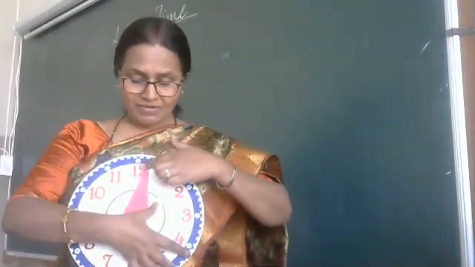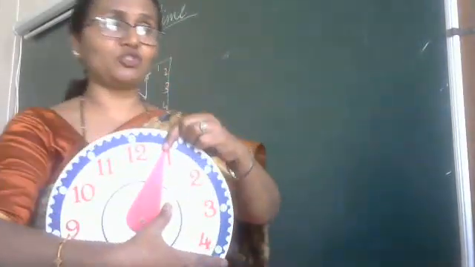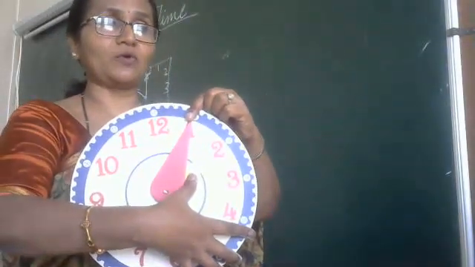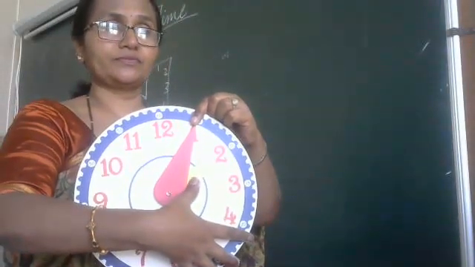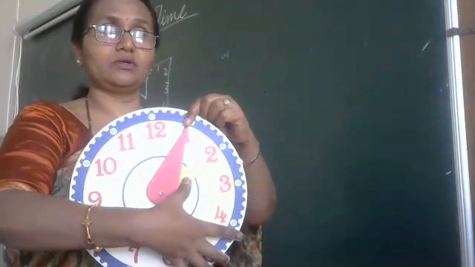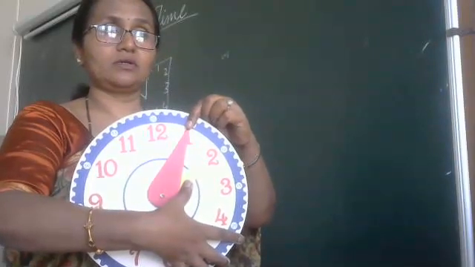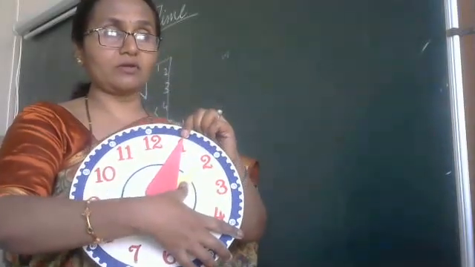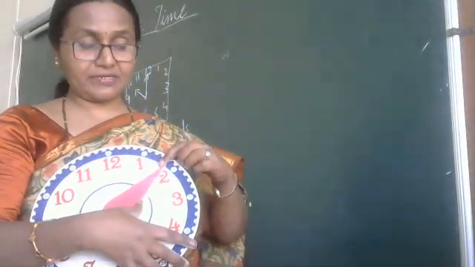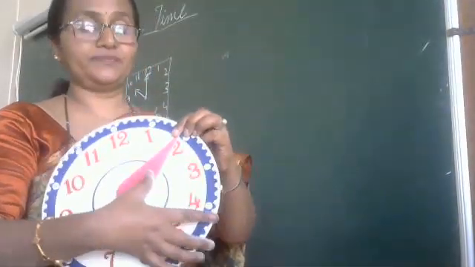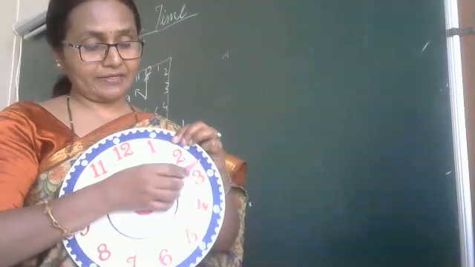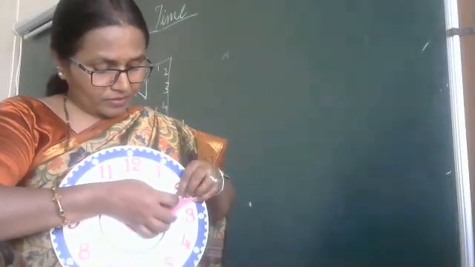2 o'clock. Yes. Now the long minute hand has come to 1. What is the time now? 1 is 2:05. Then when it comes to 2, 2:10.